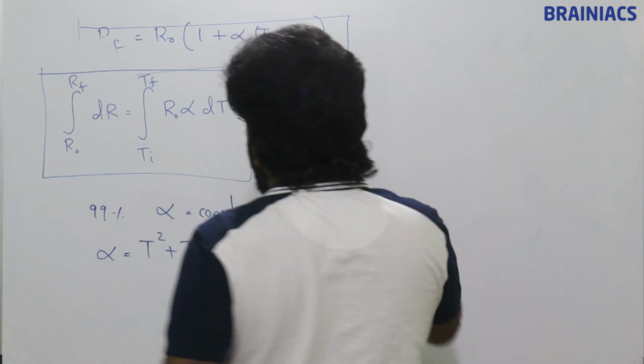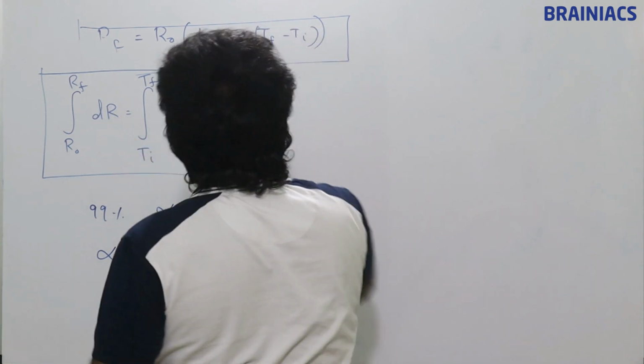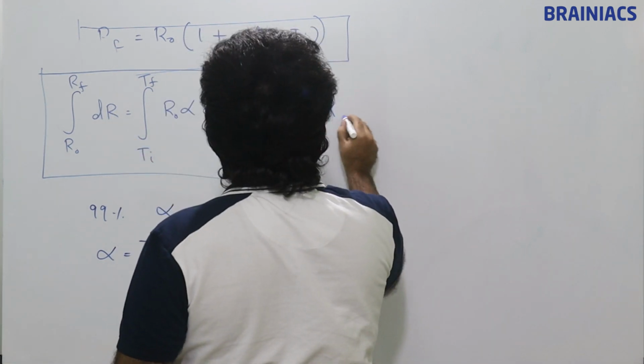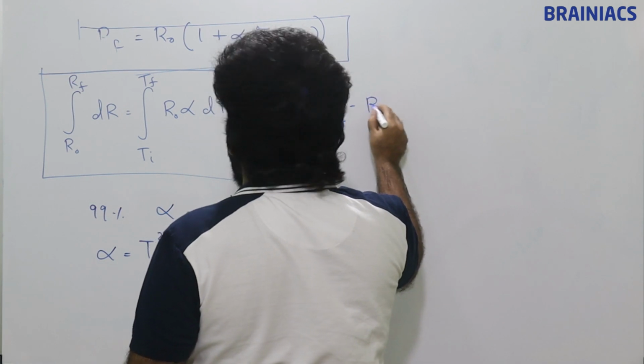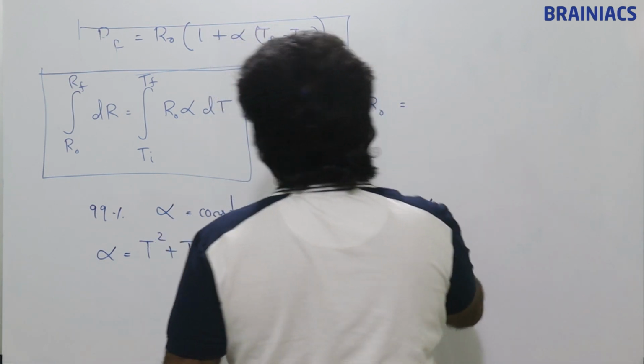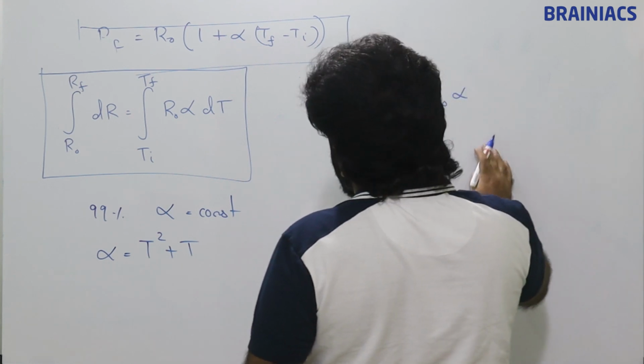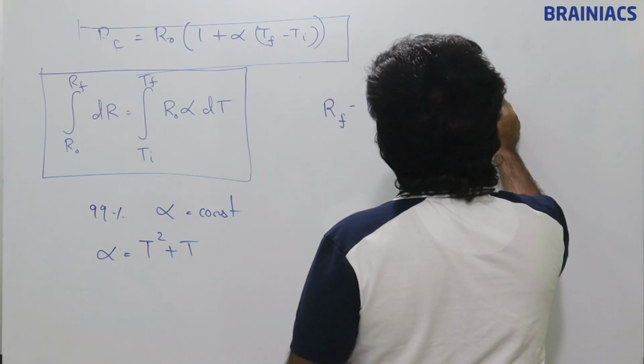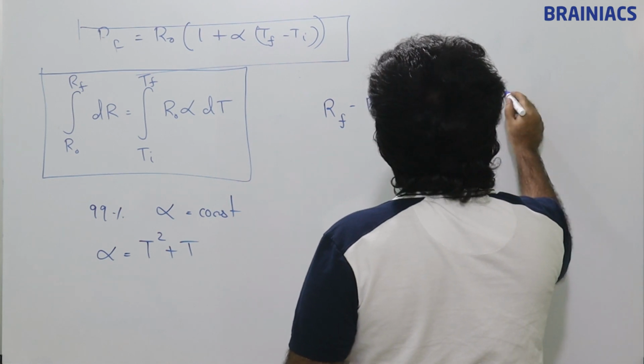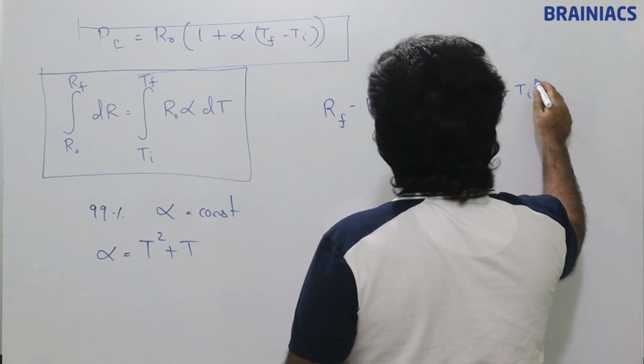Integrating this, we get RF minus R0 is equal to R0 alpha T, putting the limits, Tf minus Ti.